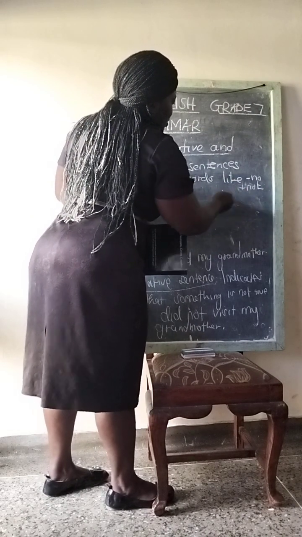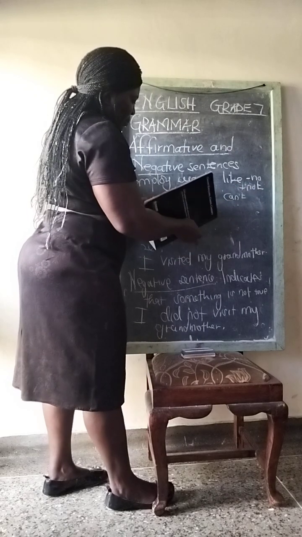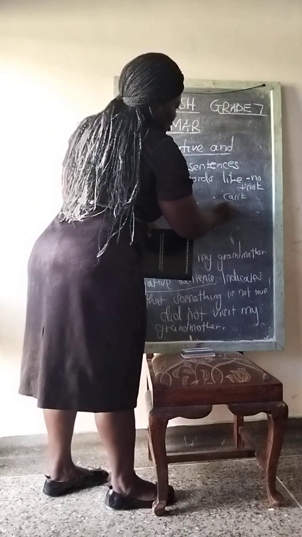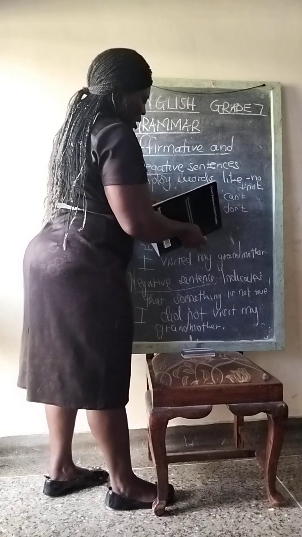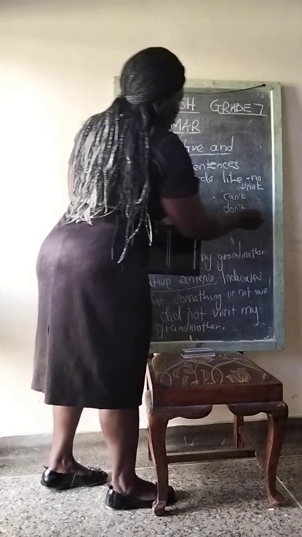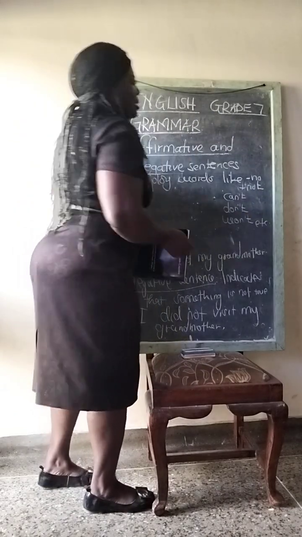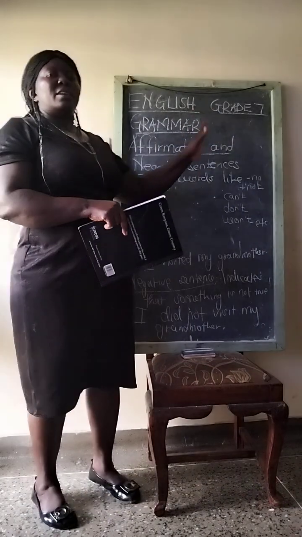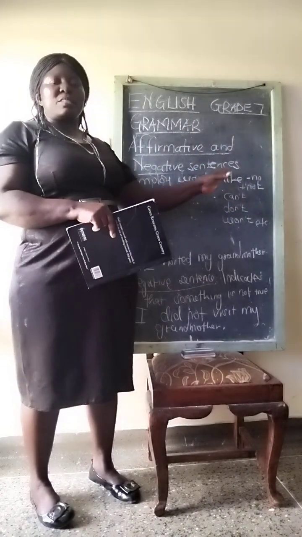We also have cannot, can't. We also have don't, do not. I also have won't, will not, won't, etc. As long as the word has a negative idea, not, that sentence is negative.